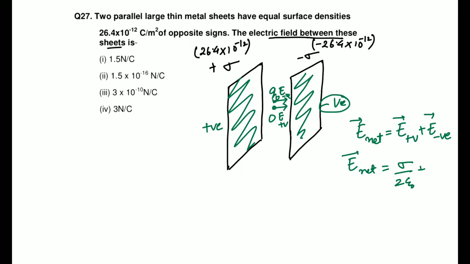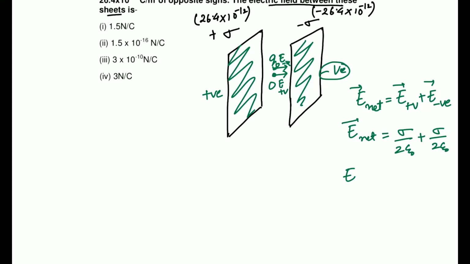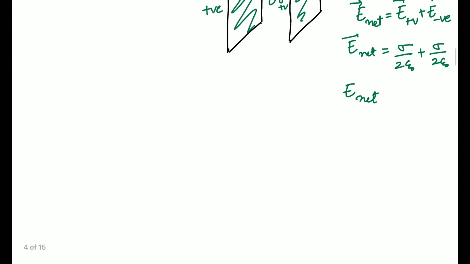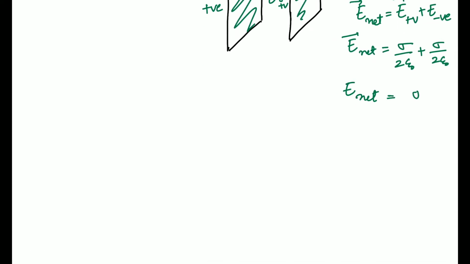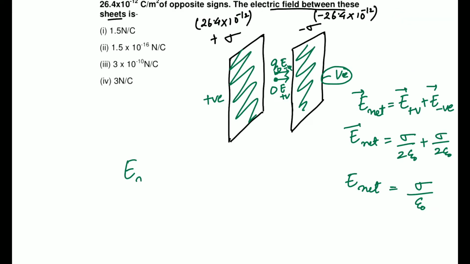Both the values will be simply added, so the net electric field inside will come out to be sigma upon epsilon naught, yes or no? The net electric field inside both the sheets is sigma upon epsilon naught, where sigma is the charge density, which is given in the question.